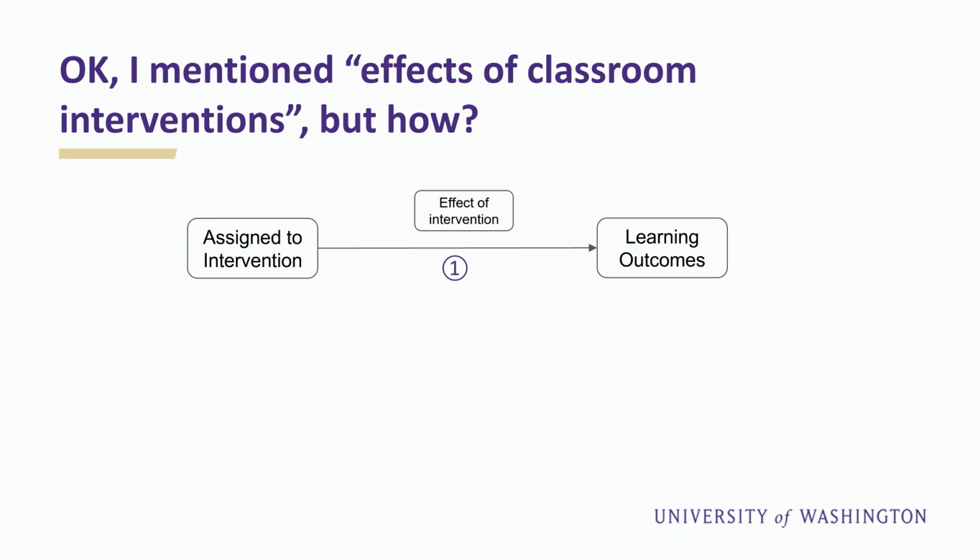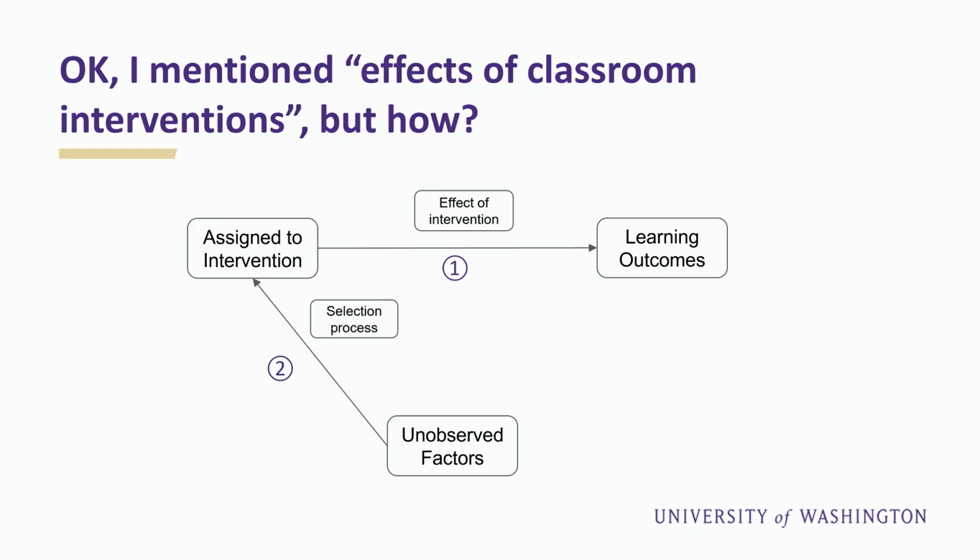But here's a problem. There are many unobserved factors that can influence this pretty simple diagram. For one part, if the assignment of the intervention is a function of some other factors, for example, students with higher engagement in the classroom had higher chances to be assigned into an intervention, then our estimation of the intervention effect is no longer a pure estimation of the intervention, it is blended with something more.